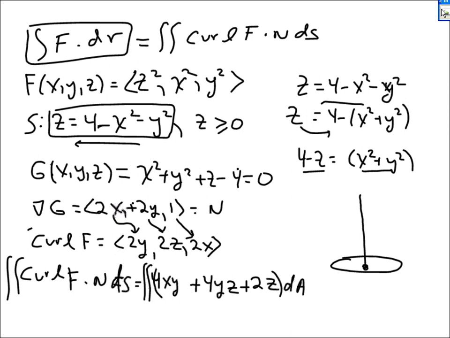When z is 2, 4 minus 2 is 2, and x squared plus y squared is 2. That is, you get a circle of radius square root of 2. Down here the radius was 2. When z is 0, this is 4. So x squared plus y squared is 4. That is r squared.